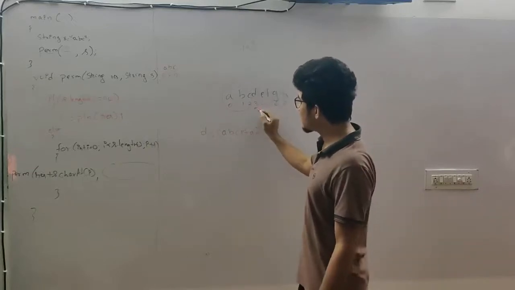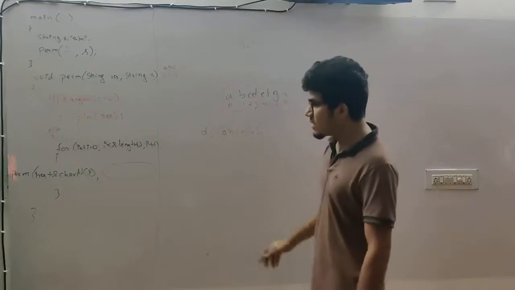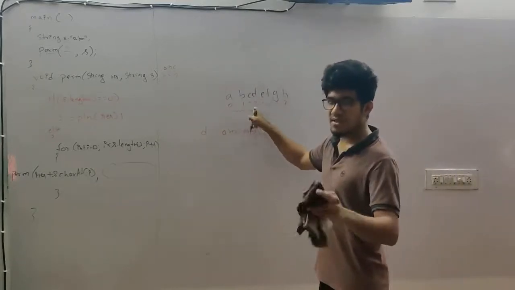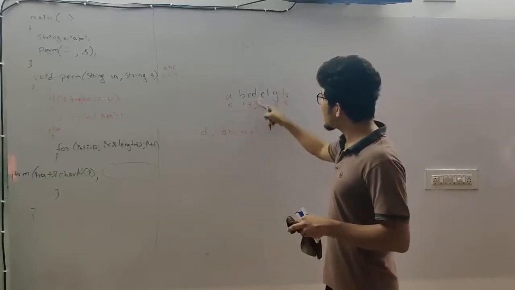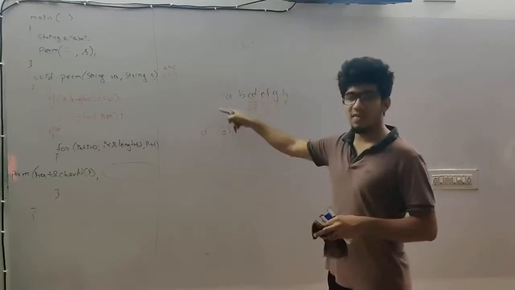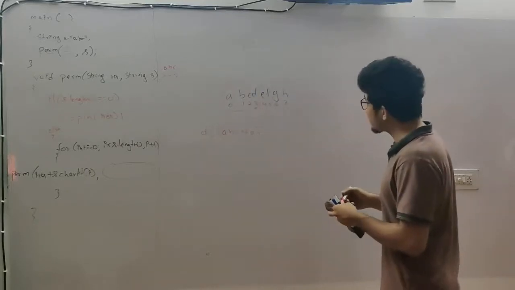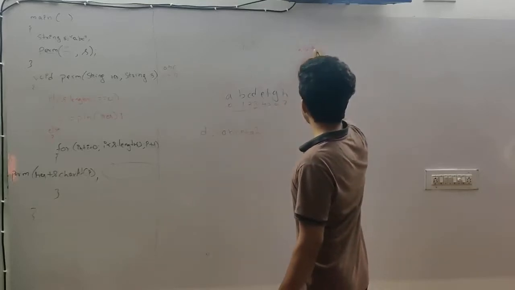Other than the third character means 0 to here. Now how do I write a program for that? This is the first substring, this is the second substring. How do I get the second substring, and how do I get the first substring? To get the first substring, you have to tell from the string that you want a substring.